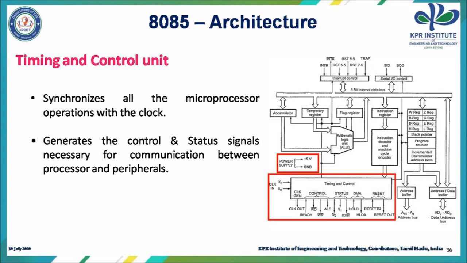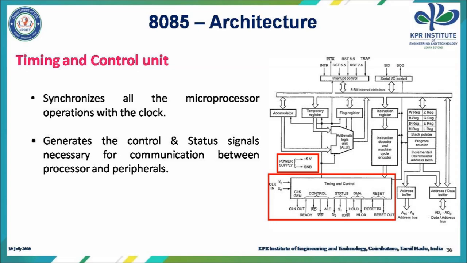This timing and control unit of the processor synchronizes all the microprocessor operations with the clock. So the function of this timing and control unit is to generate necessary signals used for communication between processor and peripheral devices.